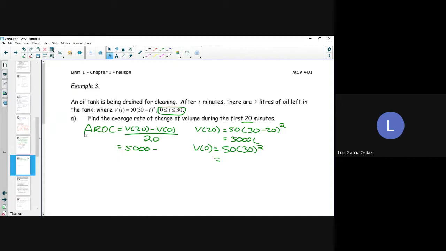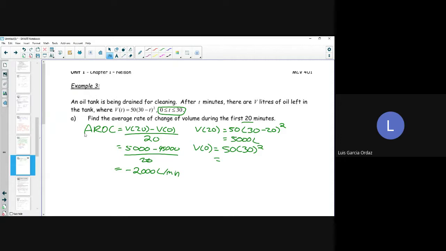Thank you. So we get 5,000 minus 45,000 over 20. And that's going to give me an average rate of change of negative 2,000 liters per minute, which means we are losing an average of 2,000 liters every minute in the first 20 minutes.